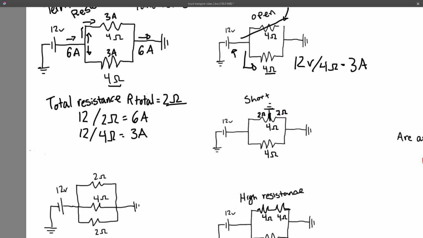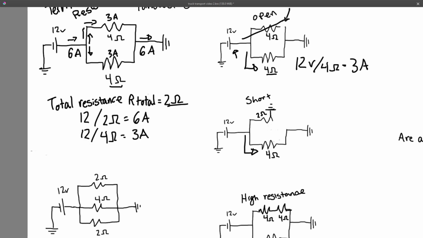With this short in a parallel circuit, there's not going to be any current flowing this way. Most of the current's going to flow this way, and we still have current flowing this way. I basically erased this invisible side wire that was no longer getting used because of the short through the resistor.